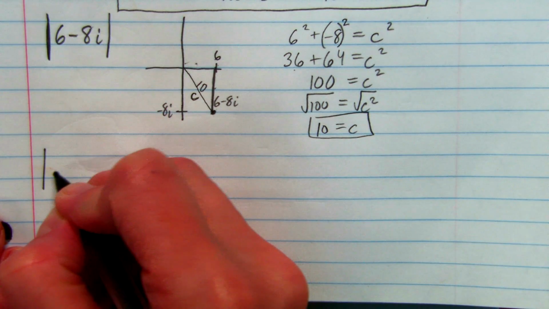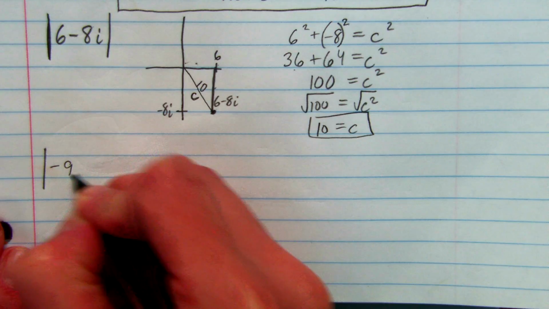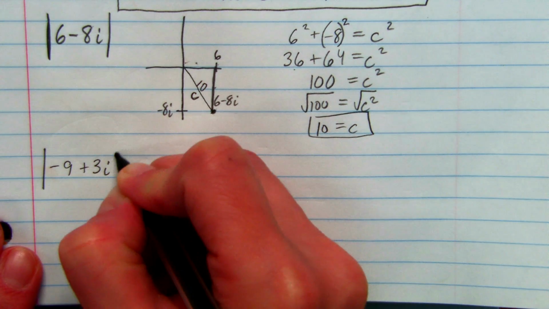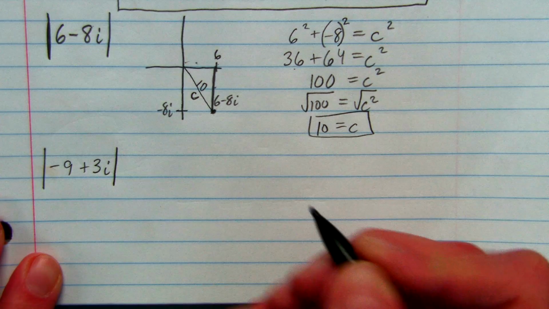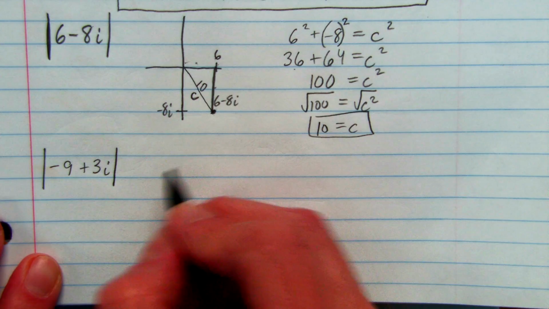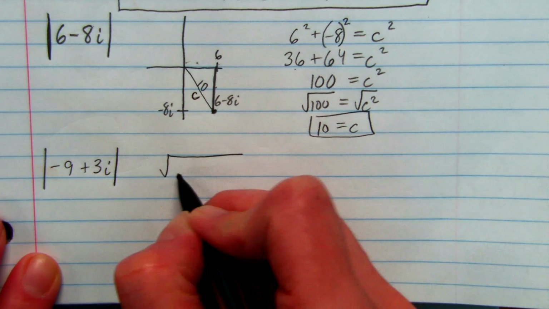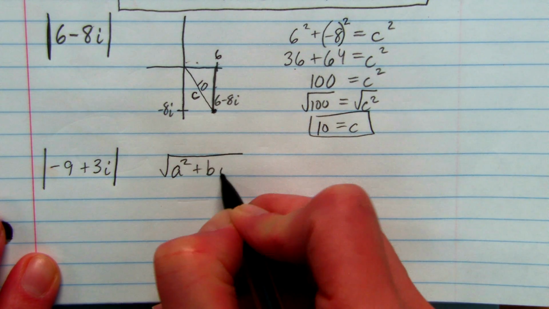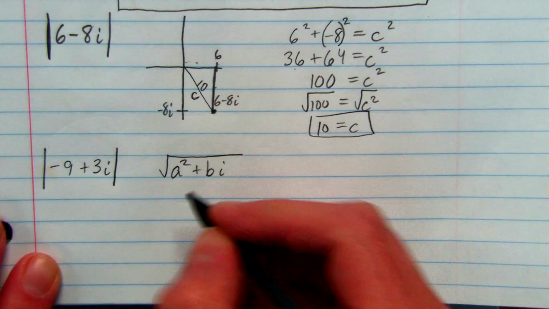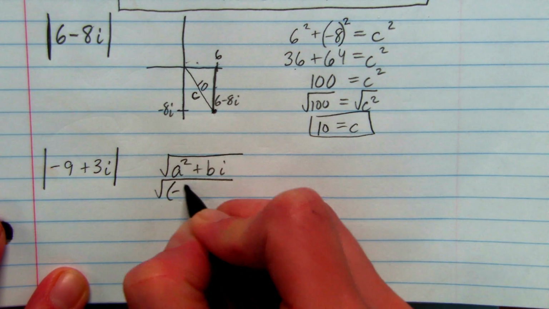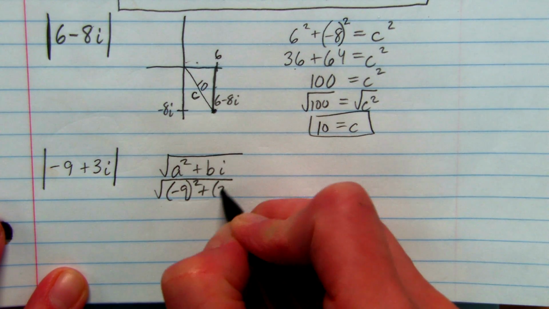All right, so let's do the absolute value of negative 9 plus 3i. This one won't come out quite as nicely. And I'm just going to use the formula. So the distance is just the square root of a squared plus b squared. So we're going to take the i off of it and do the square root of negative 9 squared plus 3 squared.